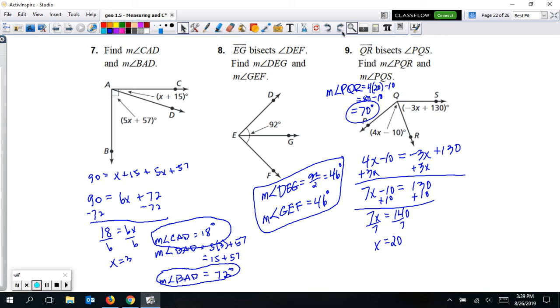I'm showing you that SQR is the same thing, so you would get the same thing if we tried this one. If we plugged it in here, negative 3 times 20, which would be negative 60, and then plus 130 gets us back to 70. So whether we did this one or that one, we're going to get 70 no matter what. Now the whole thing, we just know these are both 70, so the whole thing is 140 degrees.